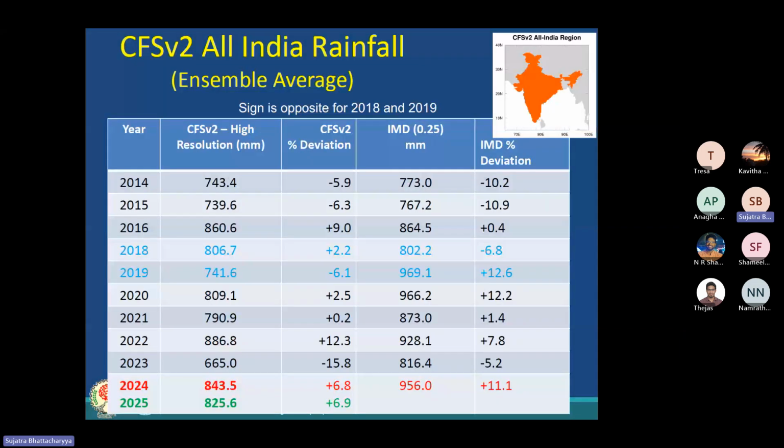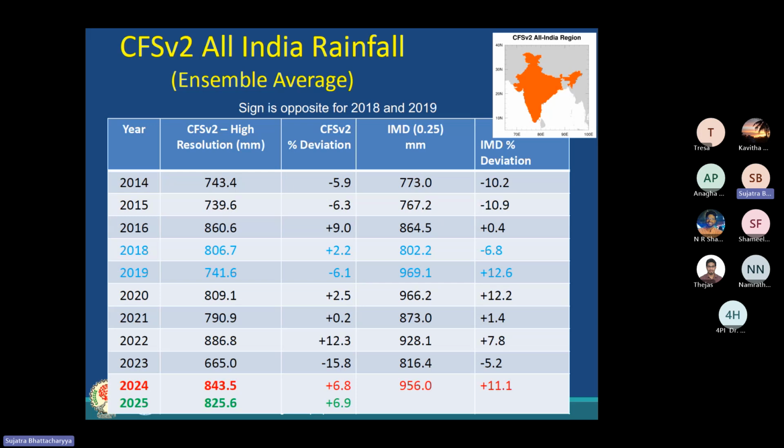Okay, now let us compare how this model performed in the last 10 years. For example, this is CFSV2, the All India monsoon rainfall in millimeter, and this is the percentage deviation. What is important is not the actual number, you can see the sign.